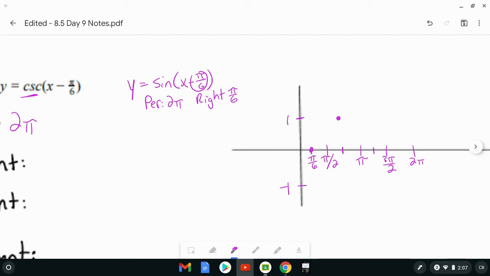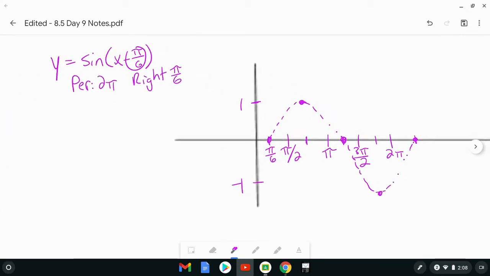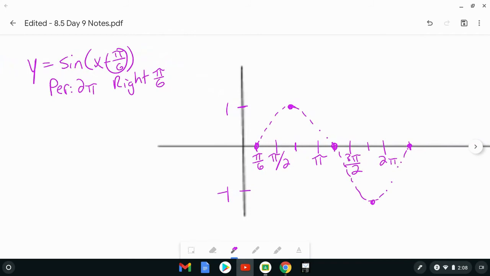And then we would come back down through the origin, the central point, bottom out at -1, and then back up again over here. So if you notice, there's a lot of shifting and transforming going on here, but we've graphed sine of x minus pi over 6 by taking the original sine of x graph and shifting it right pi over 6. Okay?